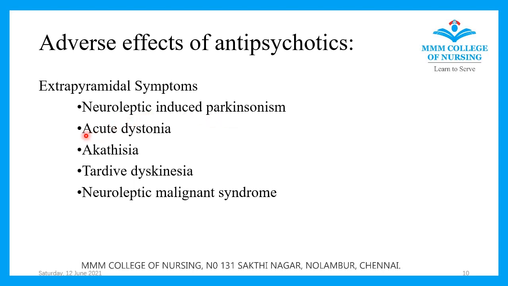And the next symptom is acute dystonia. Dystonia is abnormal muscle tone. What happens here is a slow, sustained muscular spasm which leads to involuntary muscle movement. The muscles of the neck, jaw, and the tongue are affected first, and then the entire body. So an opisthotonos position is observed, and also there is oculogyric crisis, the upward and lateral movement of the eye.